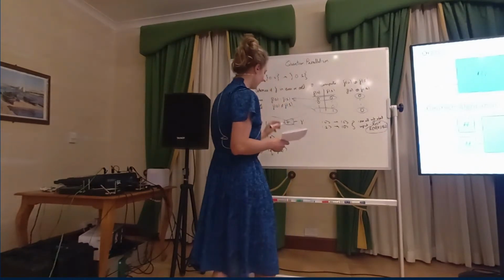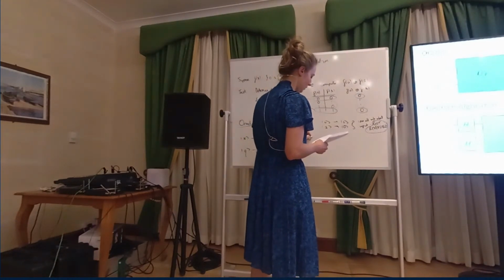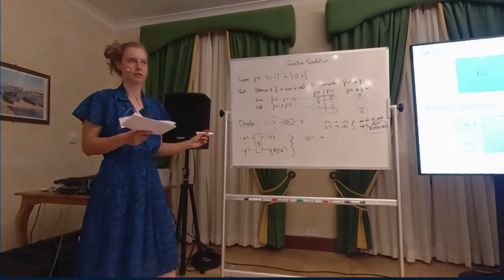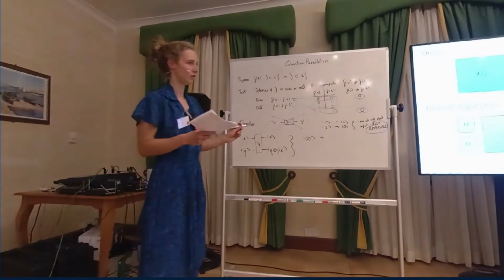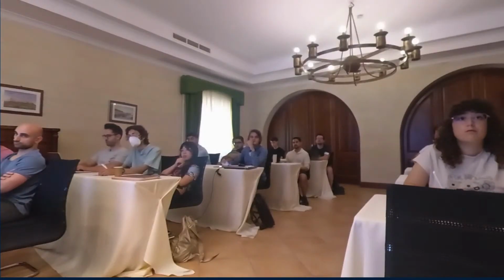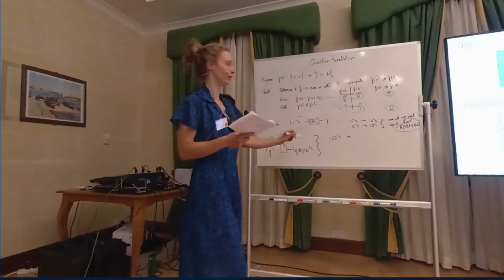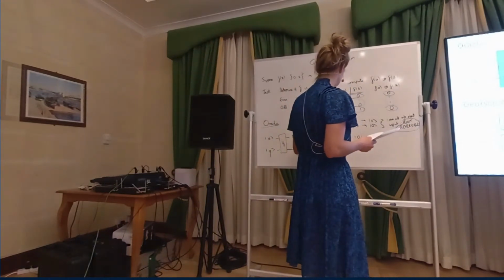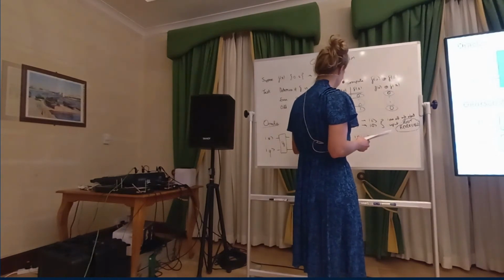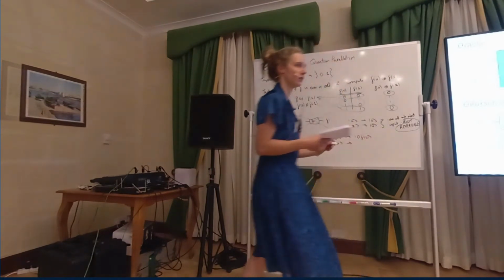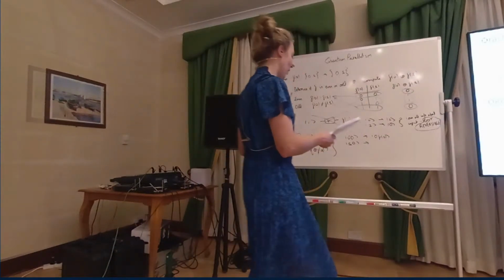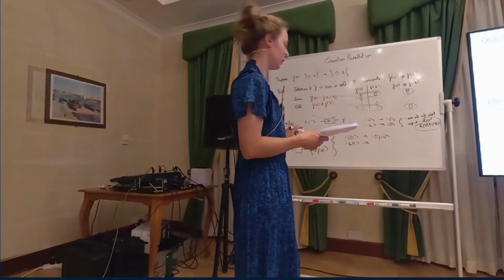Okay, so what does it do? The 0, 0 state, what does that tend to? 0. Well, not quite. It depends what f of 0 is. So it's going to be 0, f of 0. Okay, so now 1, 0. 1 f of 1.